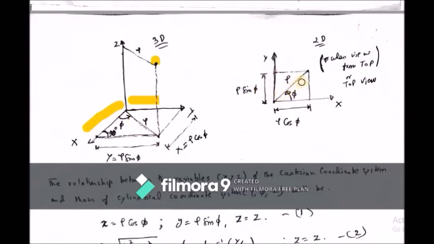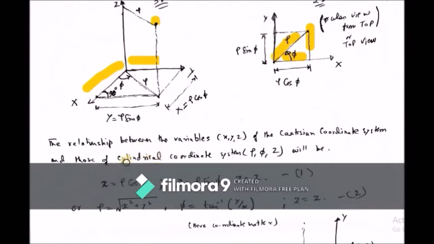See, this is the length rho, and phi is the angle from the x-axis toward this rho. So what is this x? From this triangle, x is rho cos phi, and y is rho sin phi, and z is z.